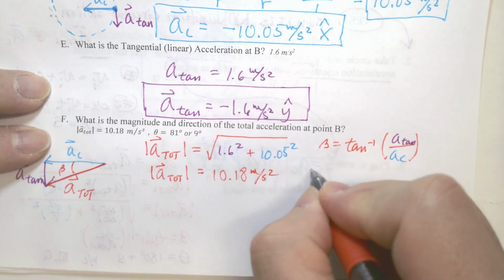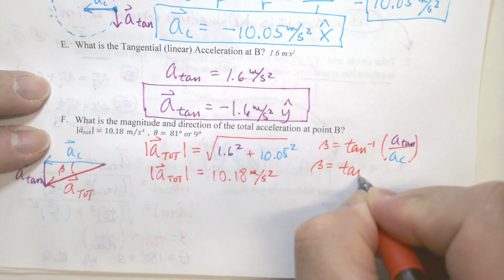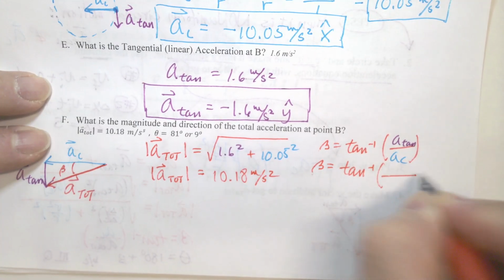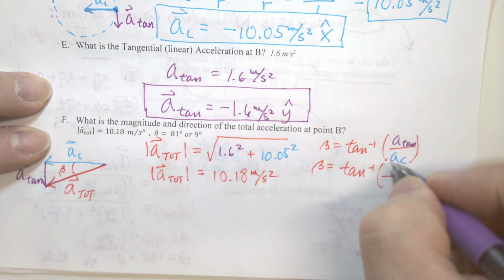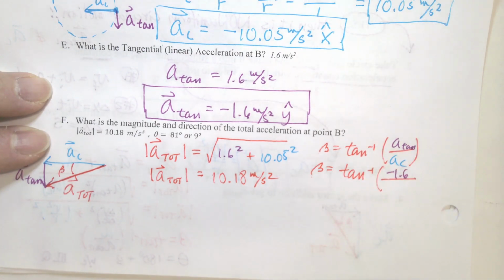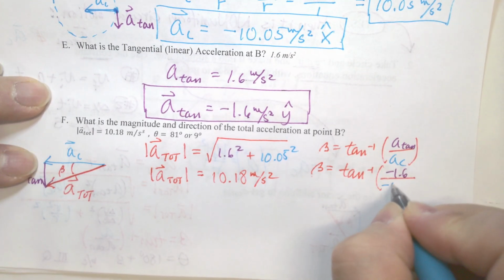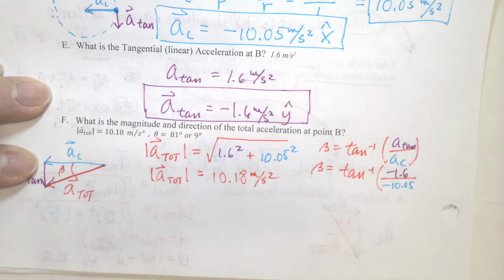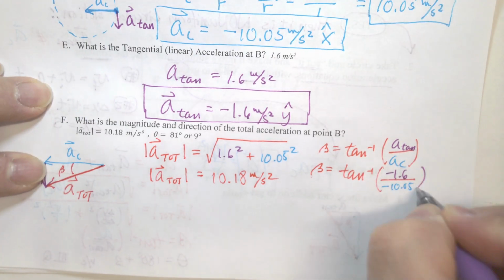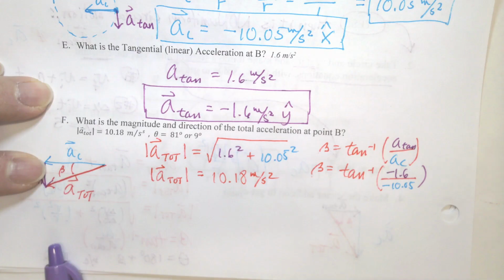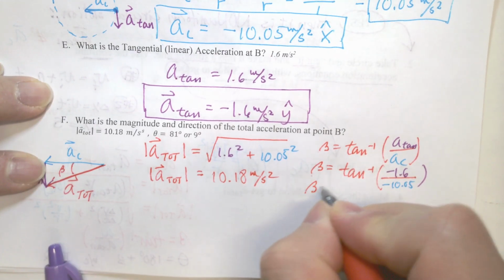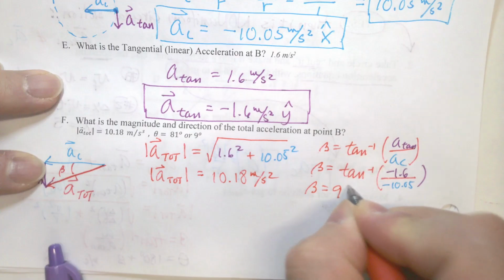Therefore my beta is equal to tan inverse of A tangential, which is negative 1.6, over AC, which is negative 10.05, and if you work that out, your beta comes out to 9 degrees.